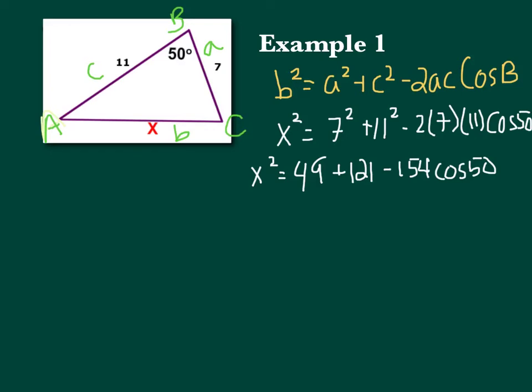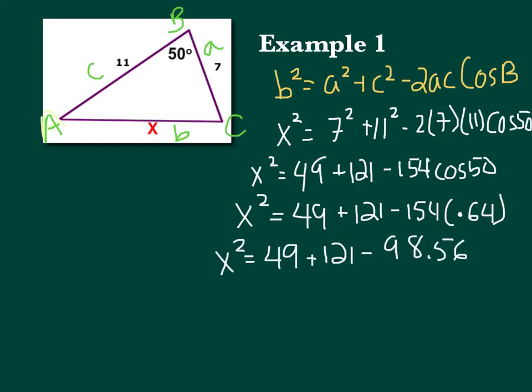I'm now going to go to the calculator and do most of the next steps in there. The cosine of 50 is 0.64, so here I have replaced cosine of 50 with that. I've now done this multiplication over here, again following PEMDAS. And now I've just added and subtracted all of these numbers, leaving me with x squared equals 71.44.